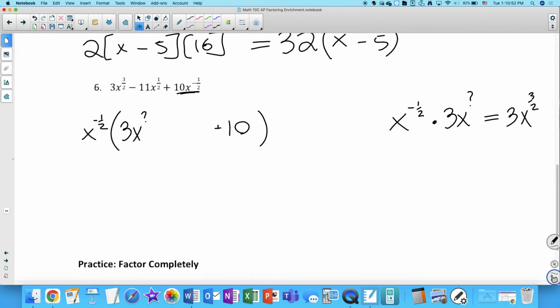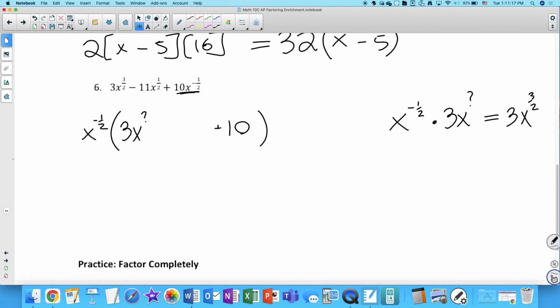With our exponent laws, when you multiply two powers with the same base, you add their exponents. So you have to think, 1/2 plus what is 3/2, or 1.5? Do you have to do 4/2 because of a negative? Yeah, so think about this.